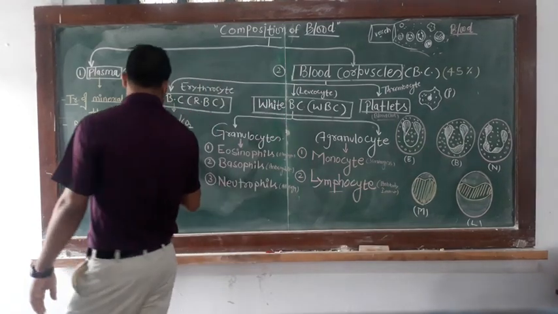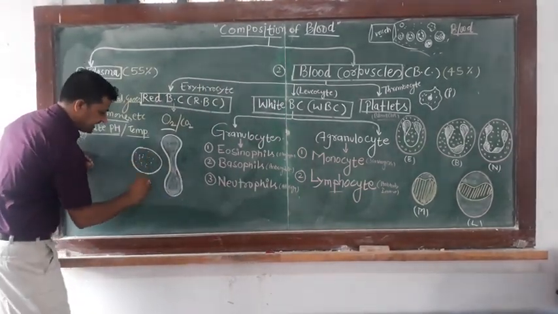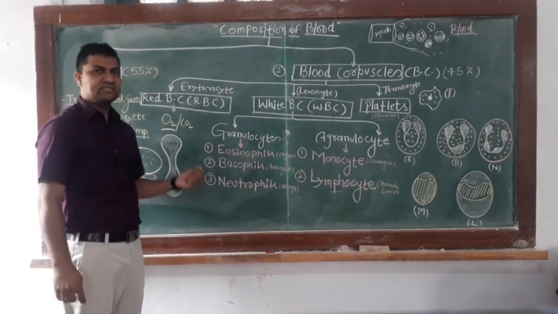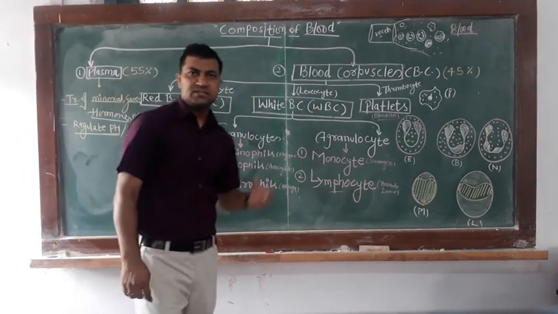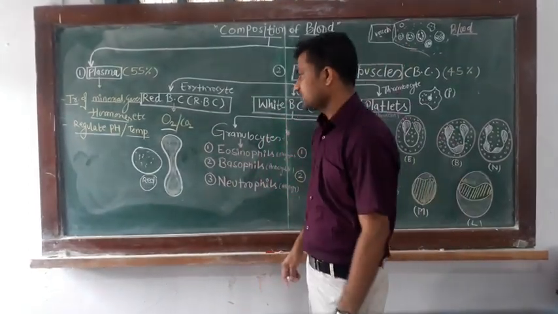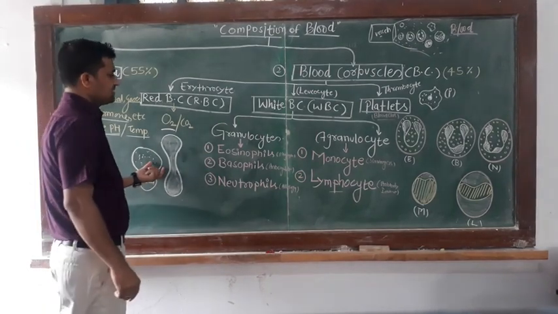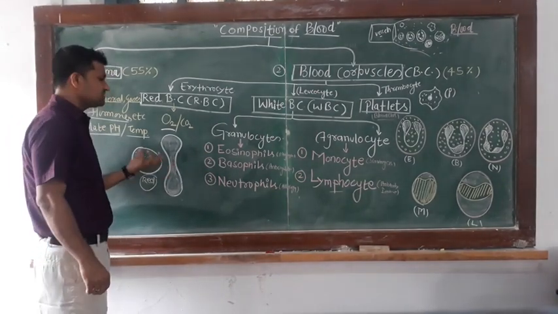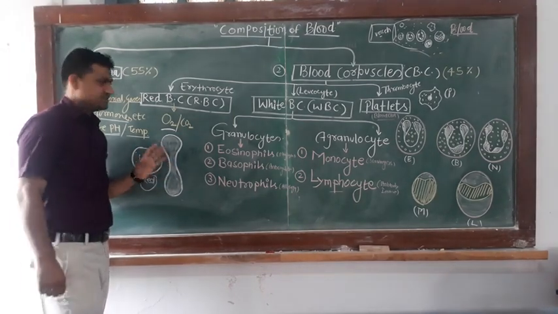RBC has hemoglobin, a pigment to carry oxygen, which is why it looks red. The RBC life span is almost 120 days in our body.